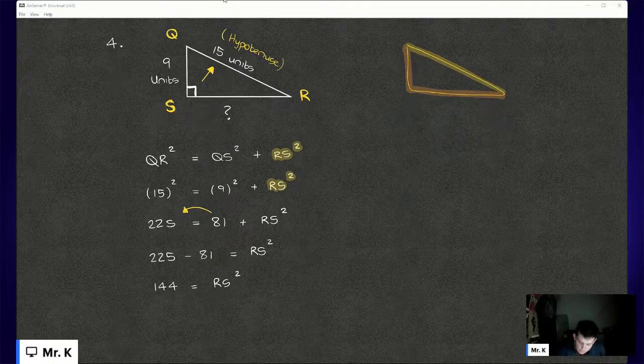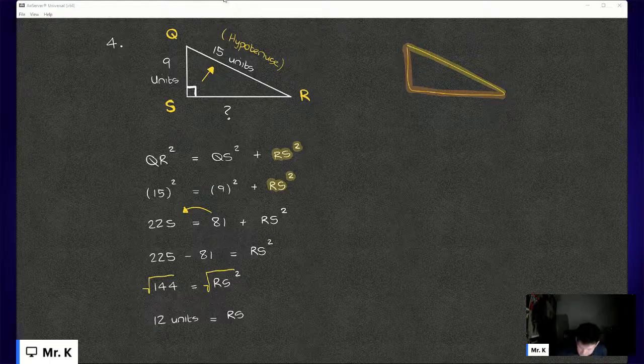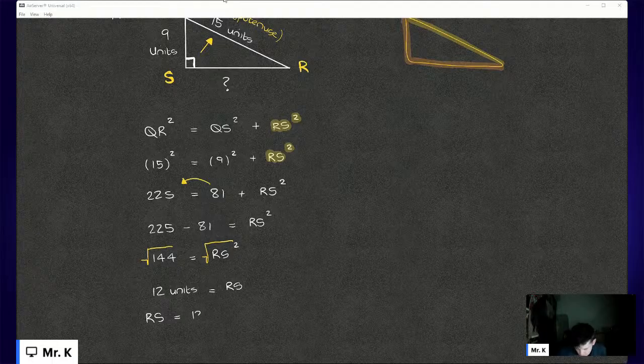But we know that we want to have RS on its own. So again, we can square root both sides of the equation. Okay, so the 12 units is the answer. 12 units is equal to RS. And you can obviously switch this around, guys, as long as you keep everything the same.